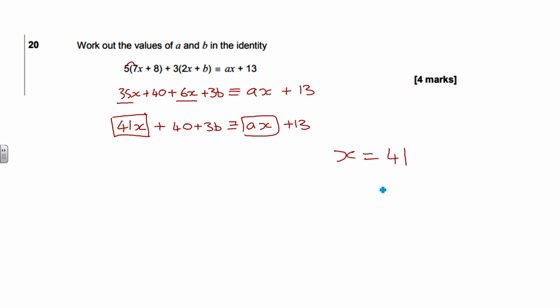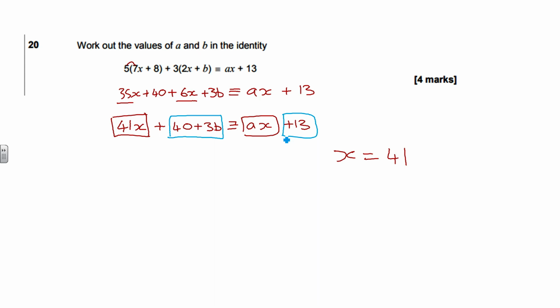We can see that this bit, the 40 plus the 3b, has to give us the 13. So whatever the 3b is, it's what we have to add on to 40 to make 13. Well, for starters, we need to take off from 40 to get to 13. If we take 7 away, we're at 33, and then another 20 for the 3b.